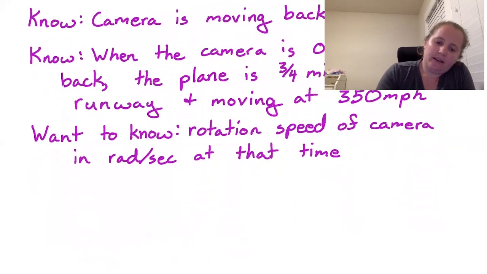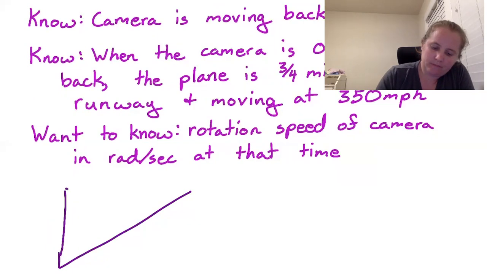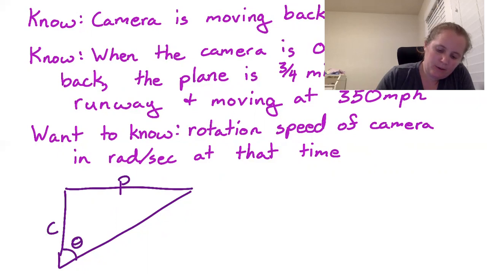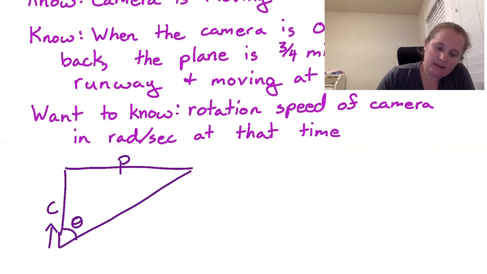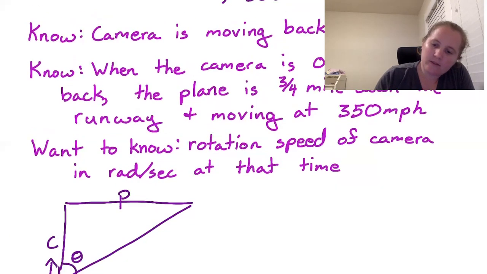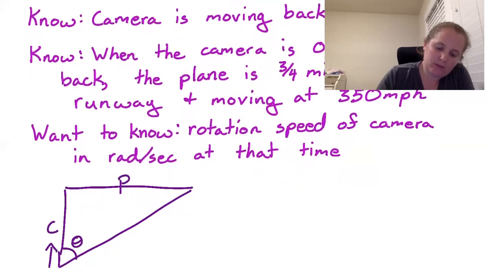So again, our diagram: we have our plane P, camera distance is C, the angle is theta, and our camera is moving this way at 0.09 miles, is moving at 4.54 miles per hour.